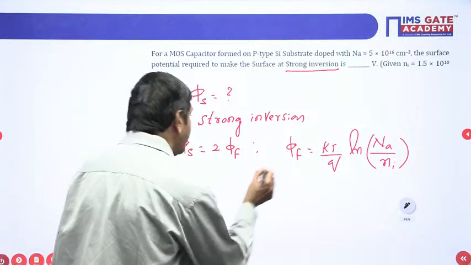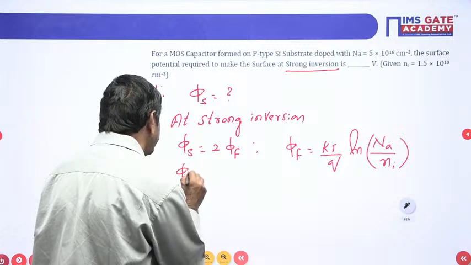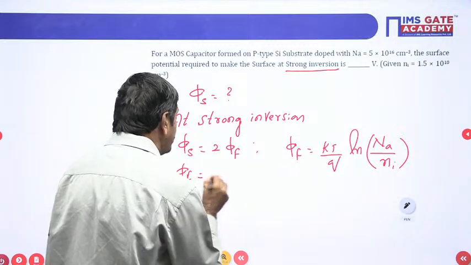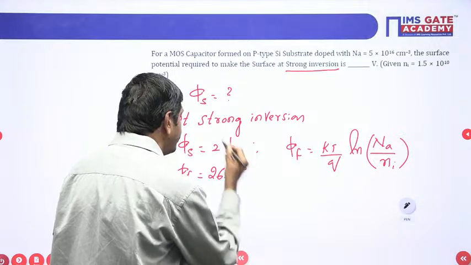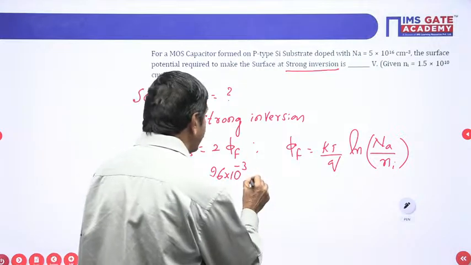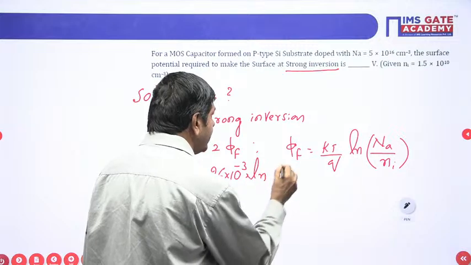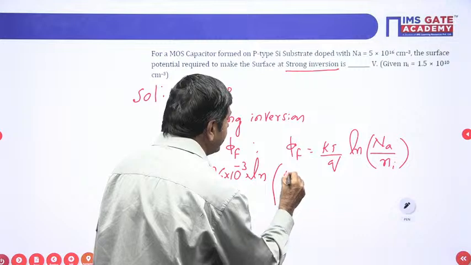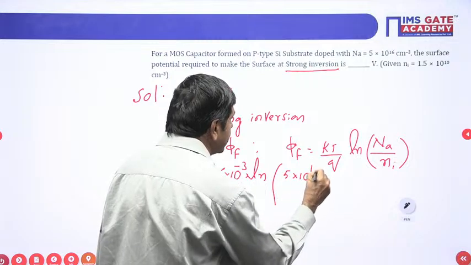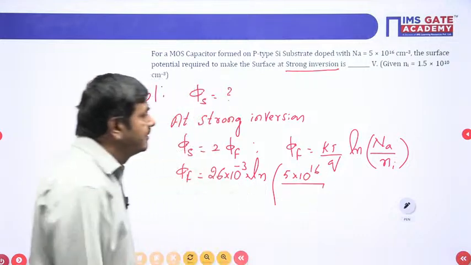So I wish to find at first what is phi f. The phi f: kT/q is to be taken as 26 × 10^-3, times ln of Na, given in the problem as 5 × 10^16, divided by Ni.